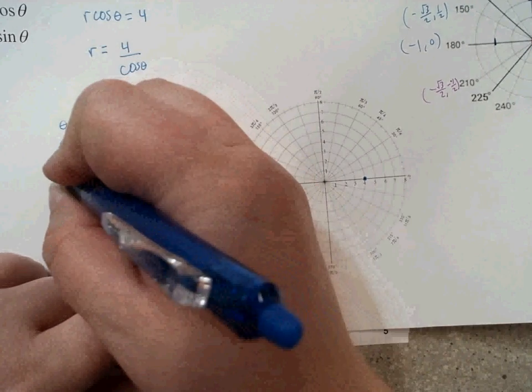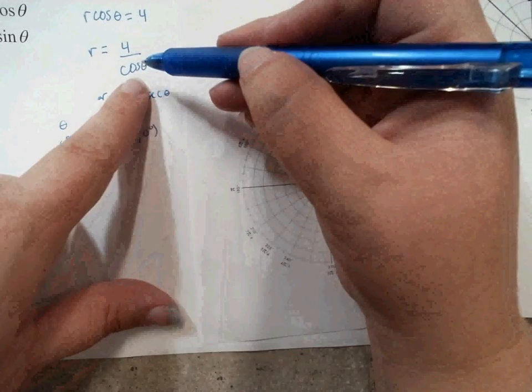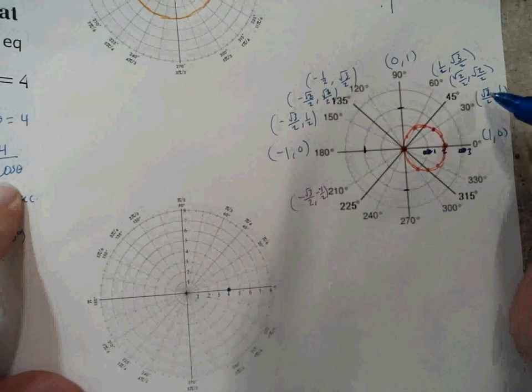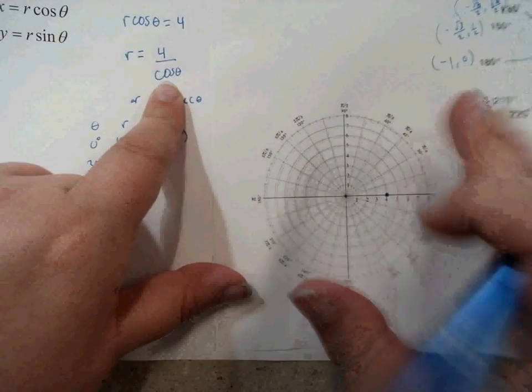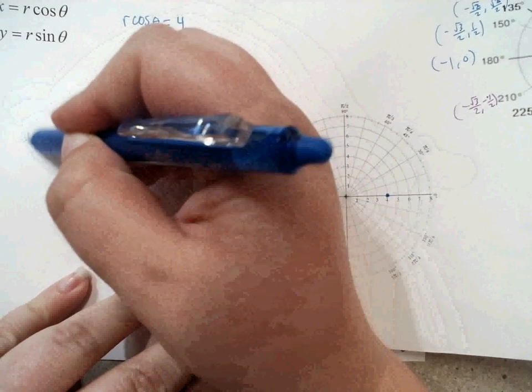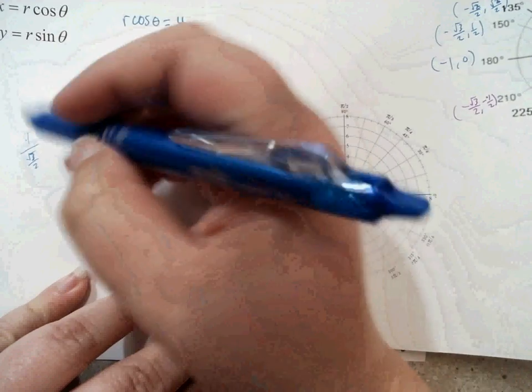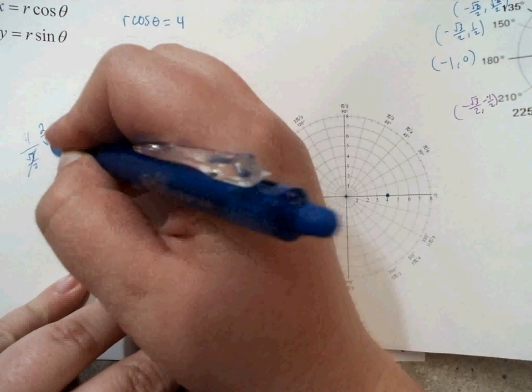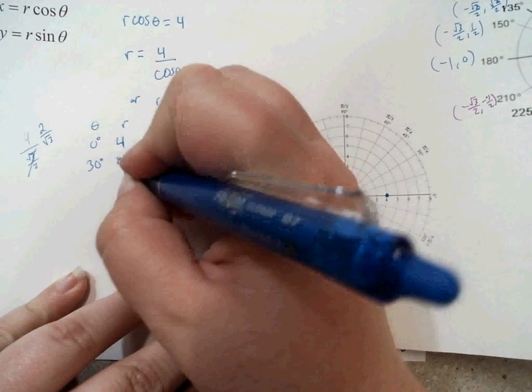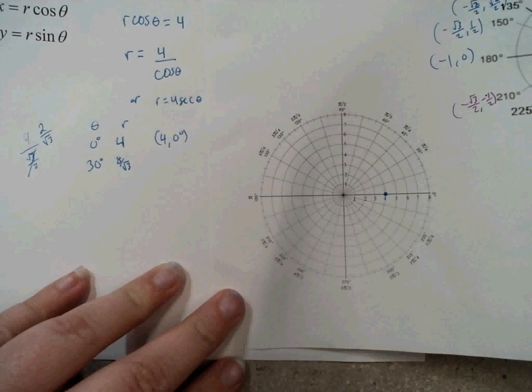Okay, let's try 30 degrees. Cosine of 30 degrees is square root of 3 over 2. So 4 divided by square root of 3 over 2, well, when you divide by a fraction, you flip and multiply, right? So we're going to multiply by 2 over the square root of 3. So it becomes 8 over the square root of 3.